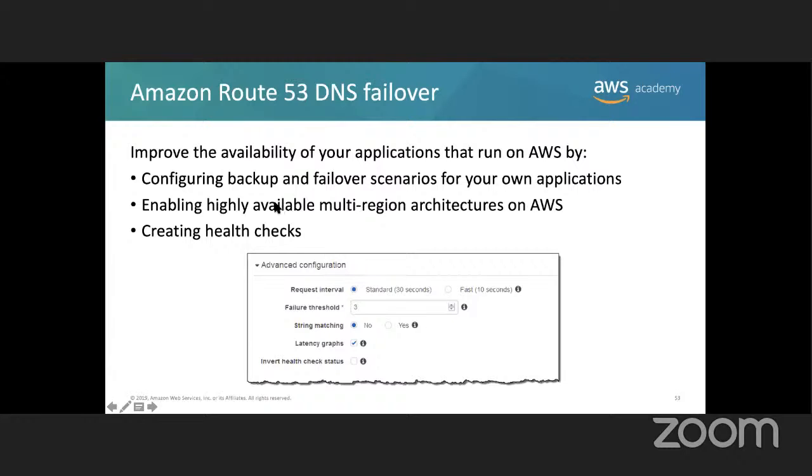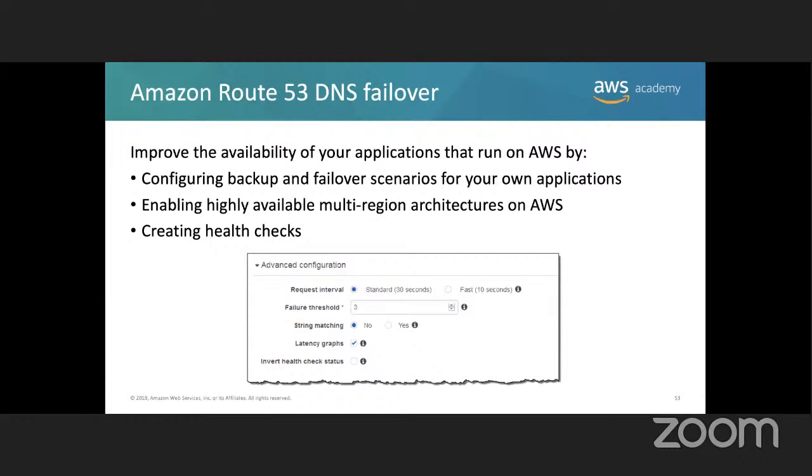It improves the availability of your application that runs on AWS by configuring backup and failover scenarios for your applications, enabling highly available multi-region architectures on AWS, and creating health checks. The health checks are created to monitor the health and performance of your web applications, also the web servers and other resources.